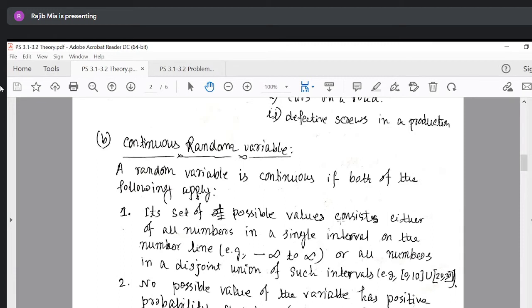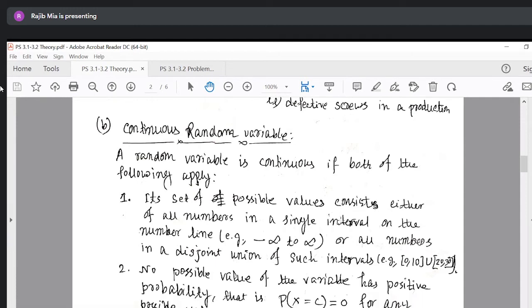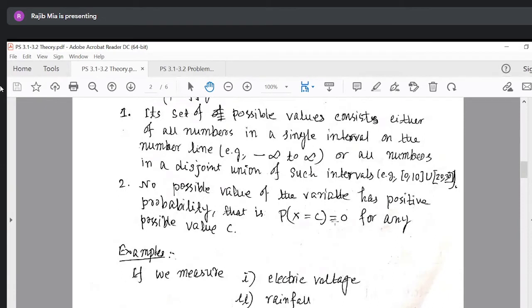So this is a continuous random variable because the possible values of x lie inside an interval. And for a continuous random variable, for a particular value of x, the probability is always 0. For any possible value of x, suppose c, the probability that x equals c will be 0 for a continuous random variable.